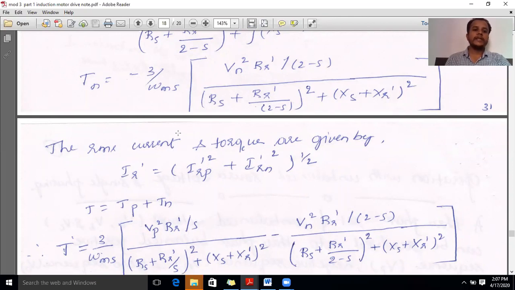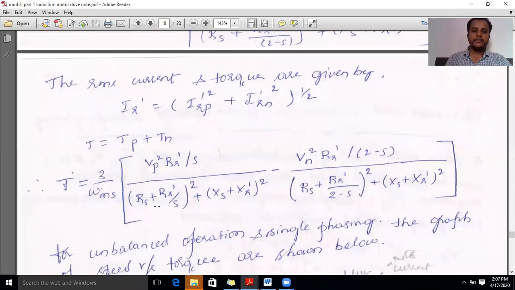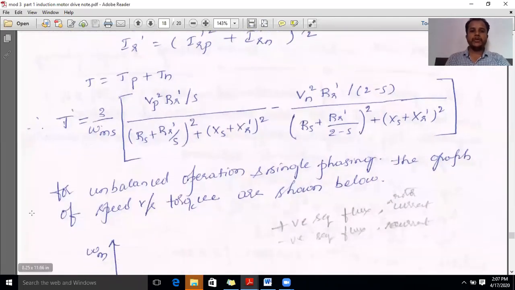The total current IR dash is the resultant of the positive sequence and negative sequence, and the torque will again be the resultant of TP plus TN. So if I take T as this, this is the resultant.